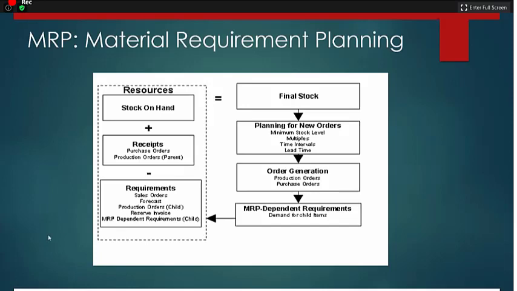Okay, and it will reduce all the other requirements like sales order. كم عندي sales order، كم عندي توقعات maybe in order to add more demand, what are the production order of the child, what are the reserved words, okay? And then MRP will generate your purchasing and the production of the parent and of the dependent. Dependent معناتها for the child.